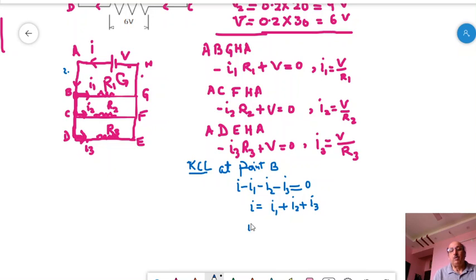So I is equal to I1, we know from this equation, it is V by R1, plus I2 is V by R2, plus I3 is V by R3, right? Then we know I is equal to V by R. What is R? R is equivalent resistance in parallel.